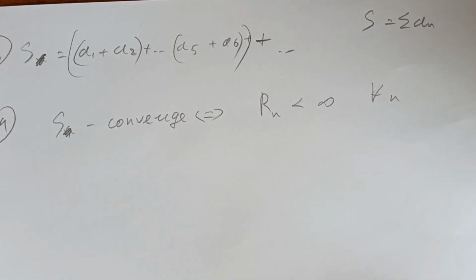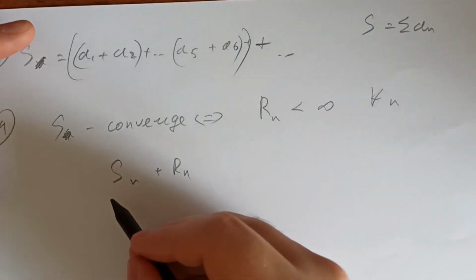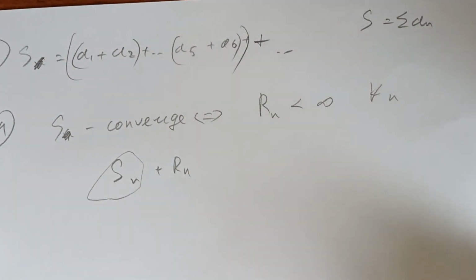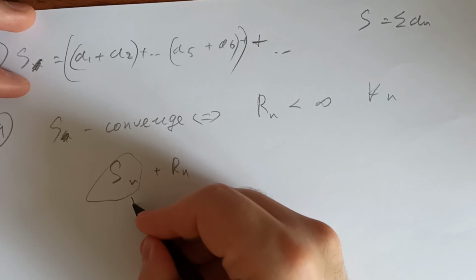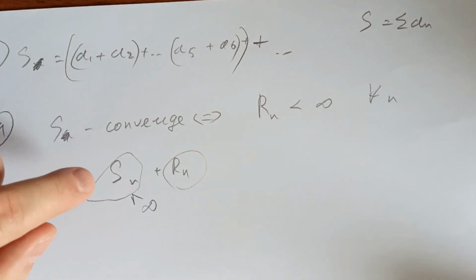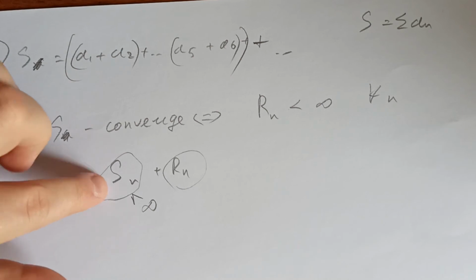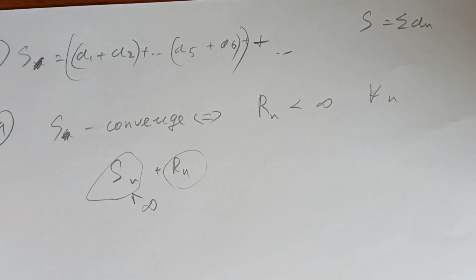So if we have Rn, we have Sn, the partial sum, plus Rn. So Sn will be finite because we don't have any infinity here. It's always finite. But Rn is the part that will provide us with our required infinity if this series is non-convergent. Actually, removing Sn, considering property 2, won't affect convergence because Sn is finite. And there we have it.